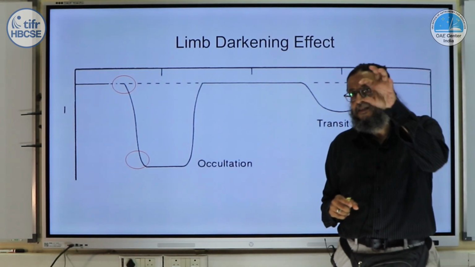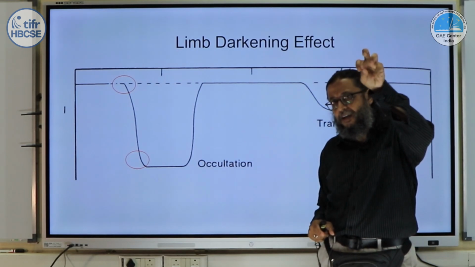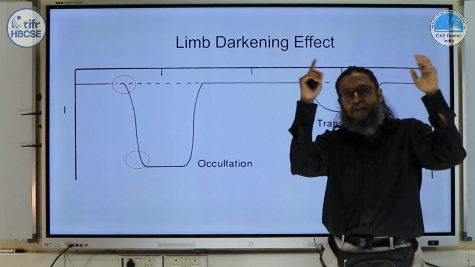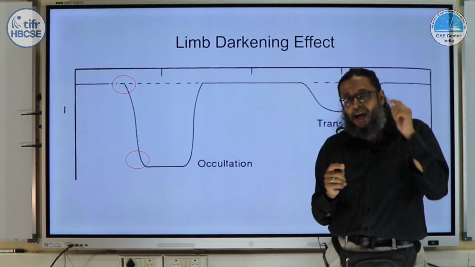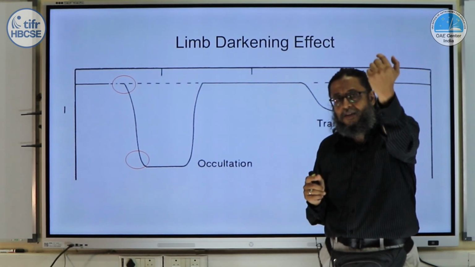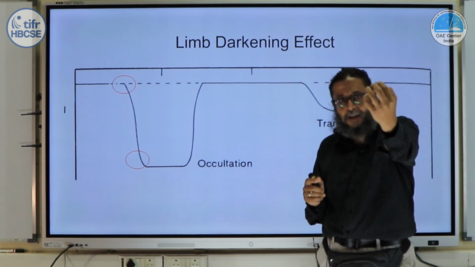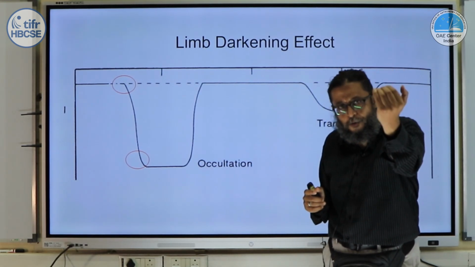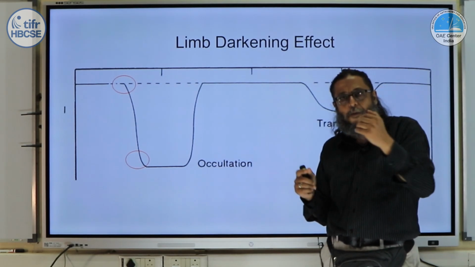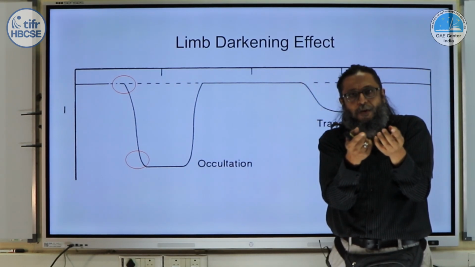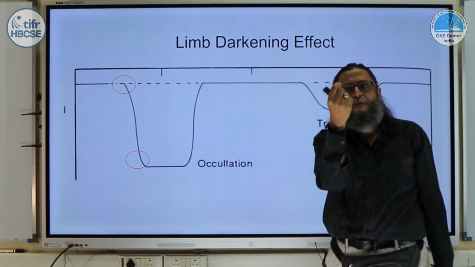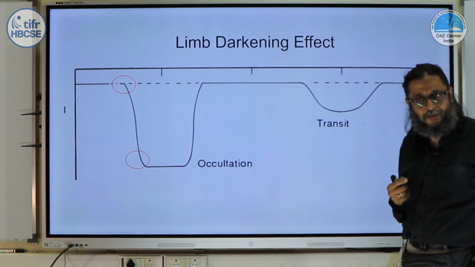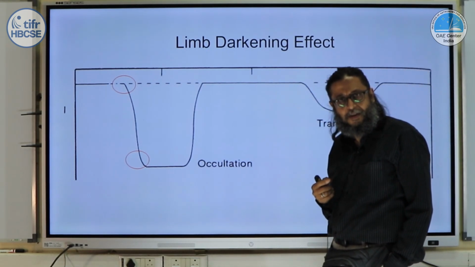When you look at the sun, the center point appears much brighter than the edge. And that is because the light coming from the center is coming through many layers, whereas the light coming from the edge is coming from very few layers of the sun, right?